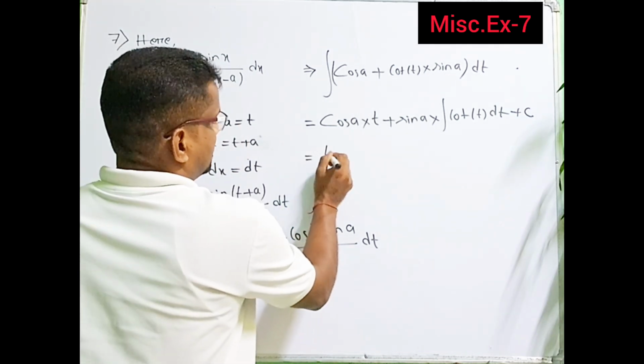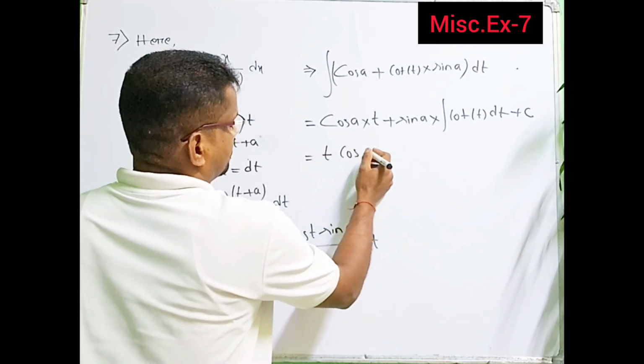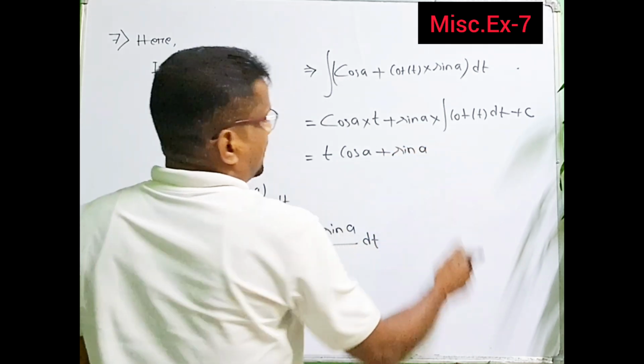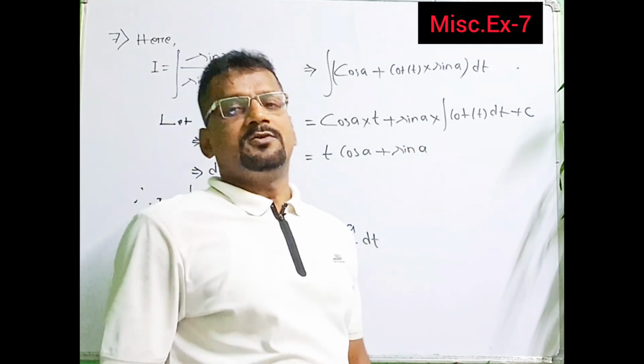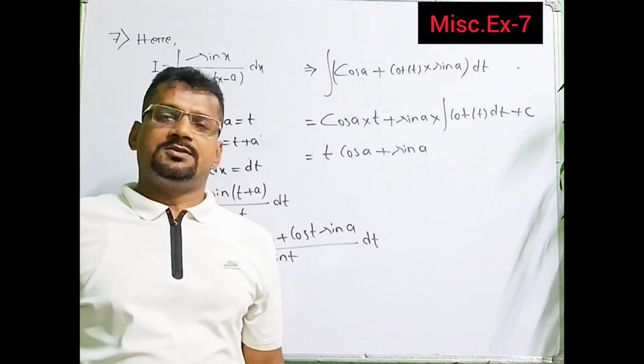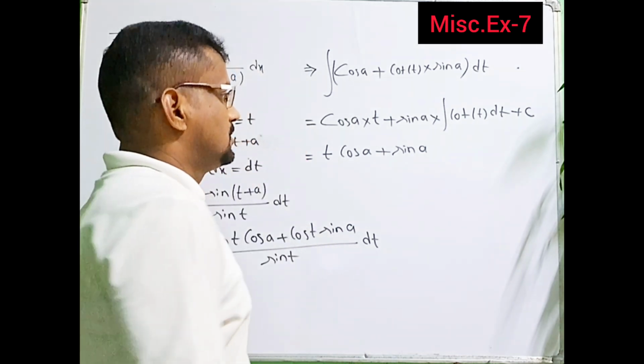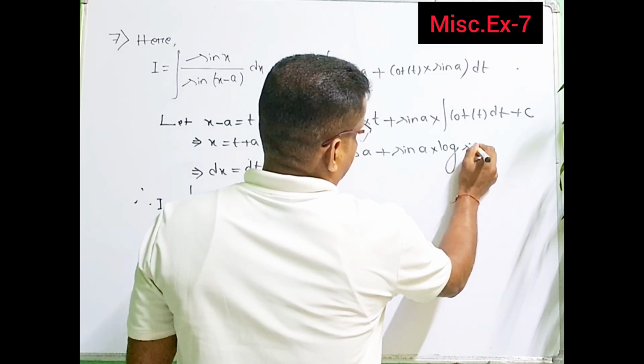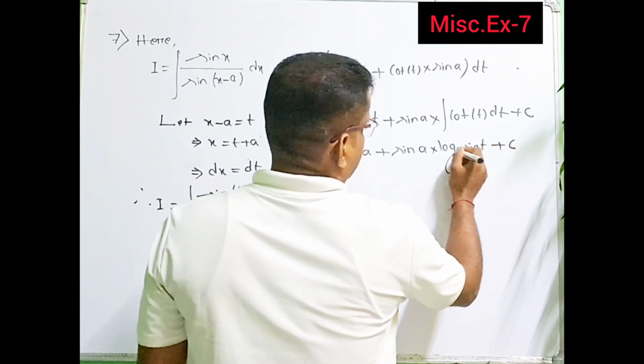You will get t cos a plus sin a, and integration of cot t, you remember, is log of sin t. So you will write here log of sin t plus c.